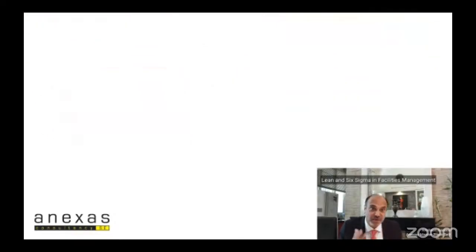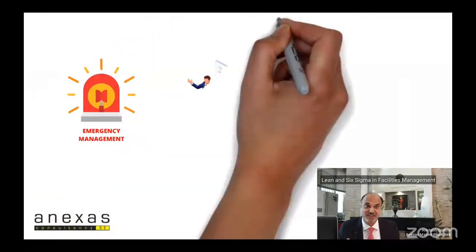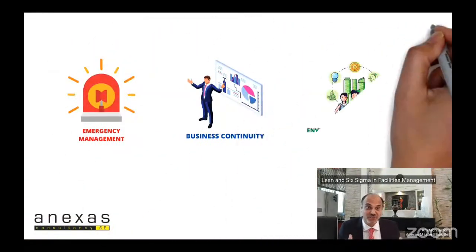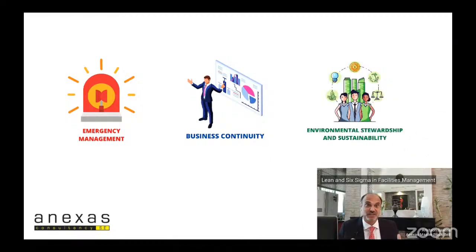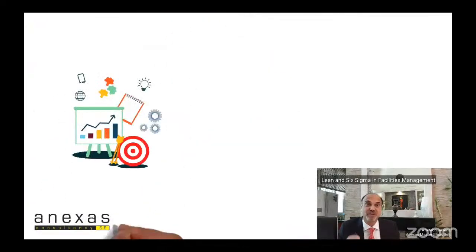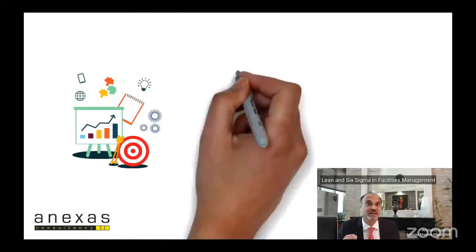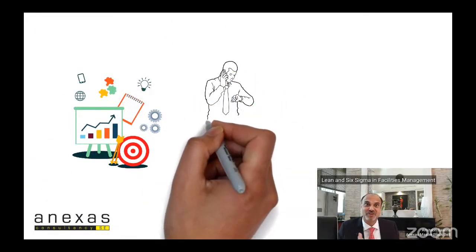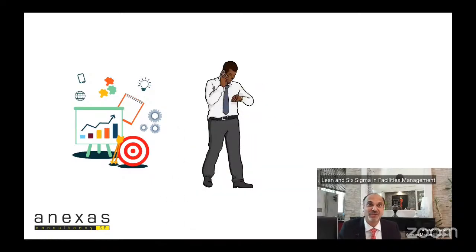Even emergency management and business continuity, environmental stewardship and sustainability, you can improve that as well, and also drastically improve your project management, because a lot of delays in the project implementation can be reduced using Lean and Six Sigma projects. So in various ways, Lean and Six Sigma can help you in facilities management.